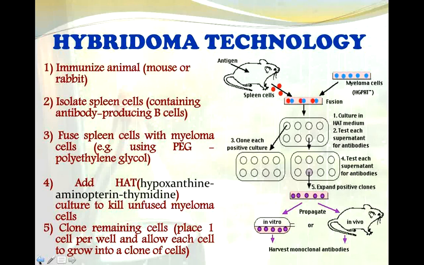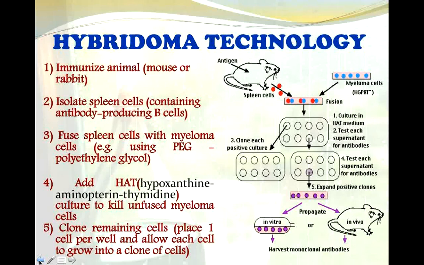The myeloma cells contribute immortal growth properties to the fused cells, and the B cells are capable of limited growth in vitro. As all of us know, plasma cells, when they become cancerous, multiply rapidly and do not have a lifespan.